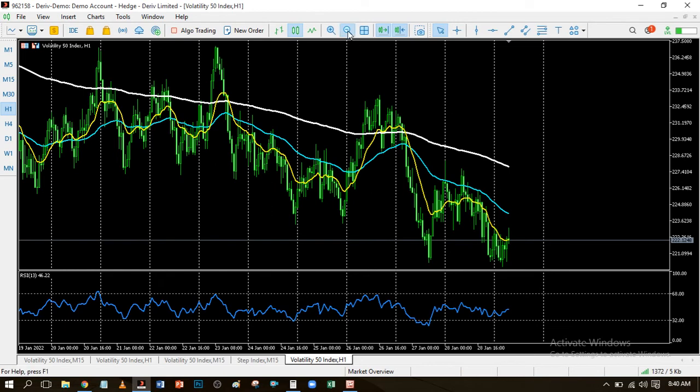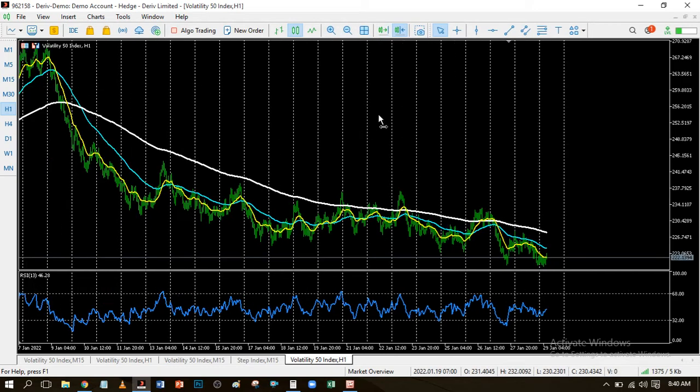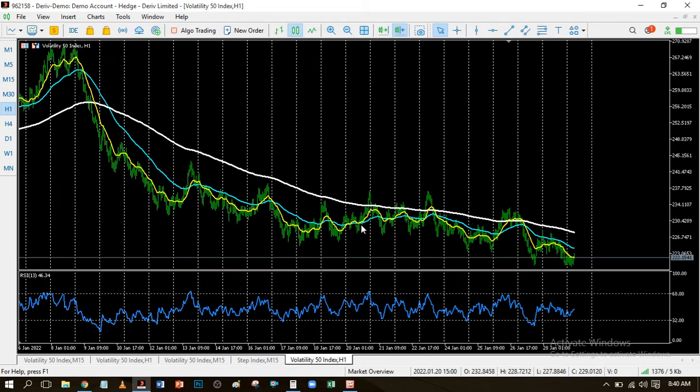Now the first thing you need to understand is market structure. For market structure, let me use, for example, this downtrend. You can see the market is moving down. The market drops this way, then comes up, drops this way, comes up, drops this way, comes up.